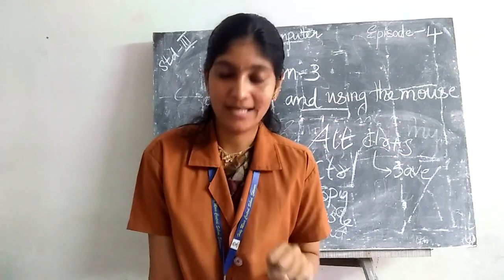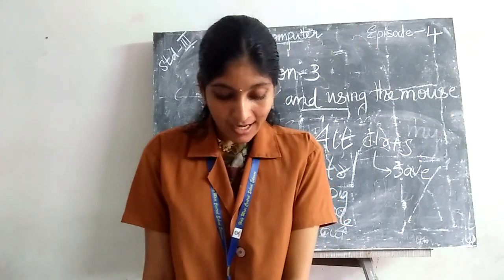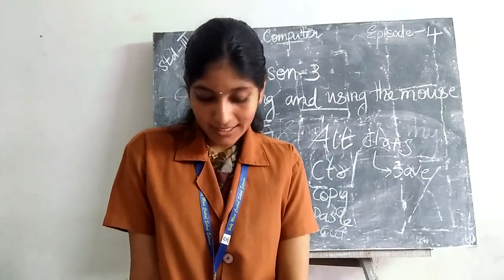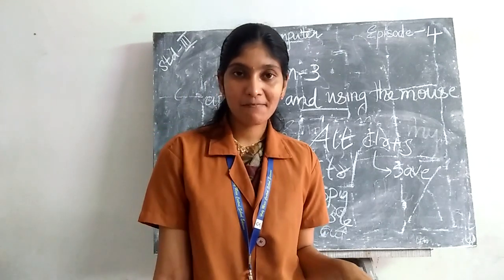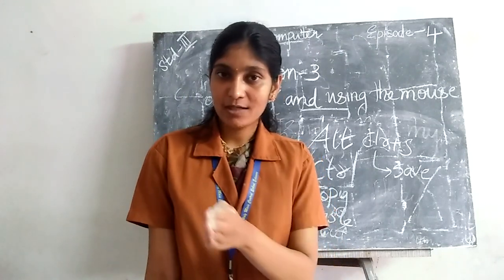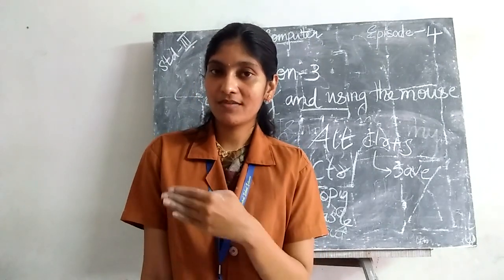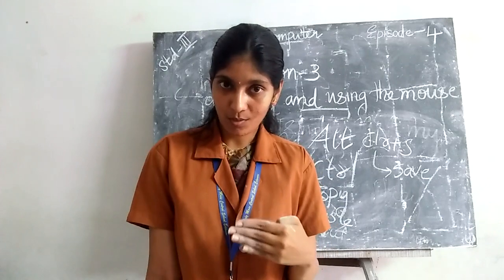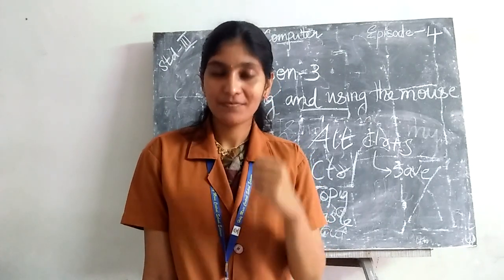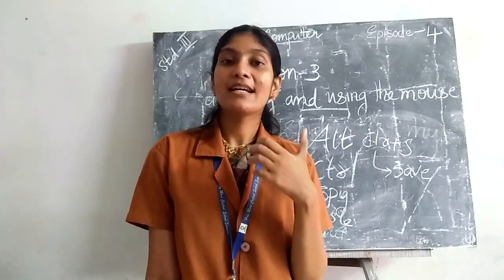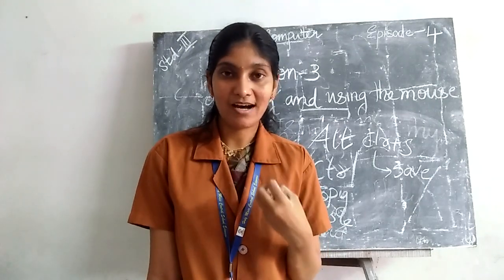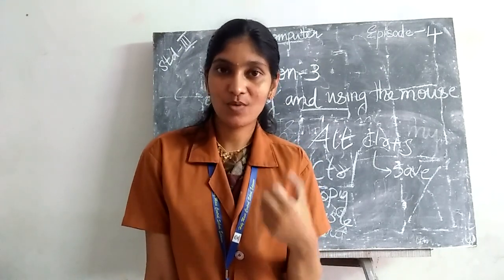That is the number keys. Then after that we discussed the numeric keypad. On the right side of the keyboard there is a rectangular block. That is known as the numeric keypad. It is very convenient for doing our calculations easily.